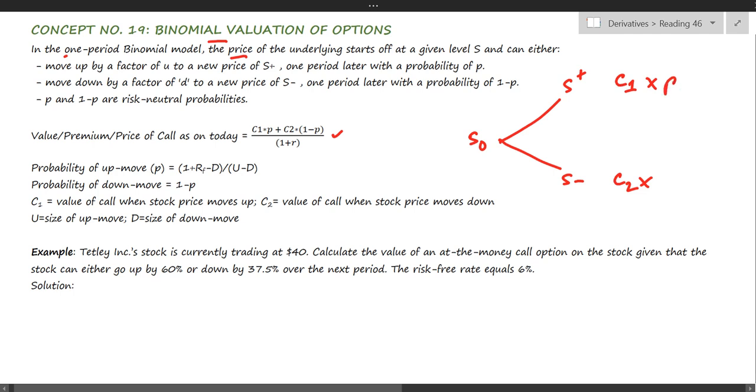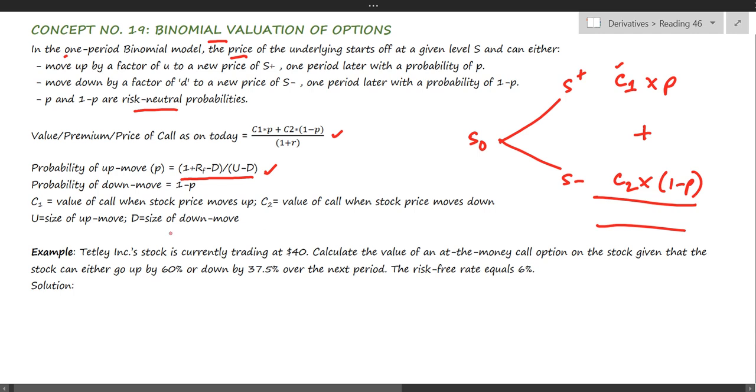This probability is P in this case, and then it will be 1 minus P in the other. This P is a risk neutral probability, which is computed with another formula given here. If we keep that aside, this is a very simple and intuitive formula: the possible value multiplied with the probability, add them up, and you get the value of your option.